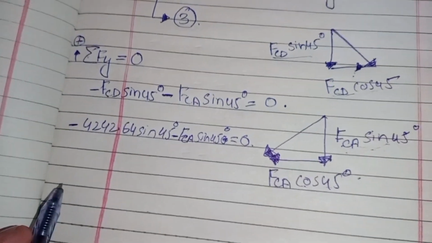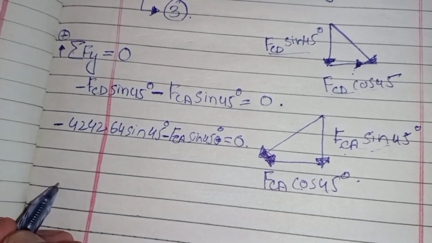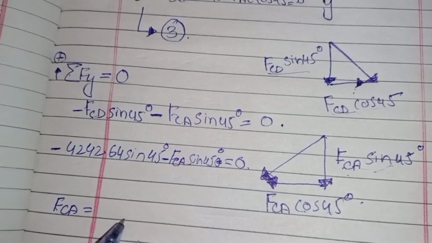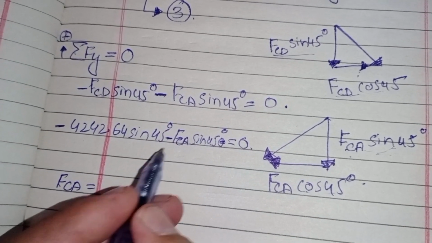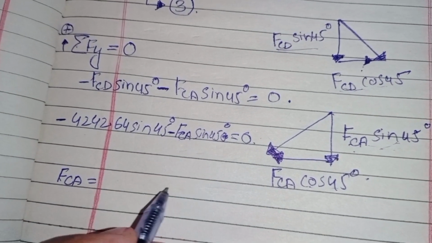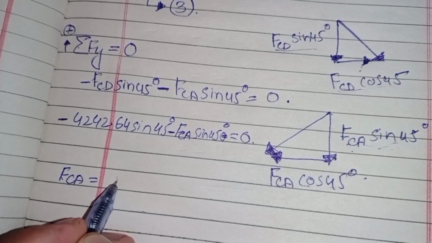Okay, now I rearrange this. FCA equal to, I move it to the right side of the equality.